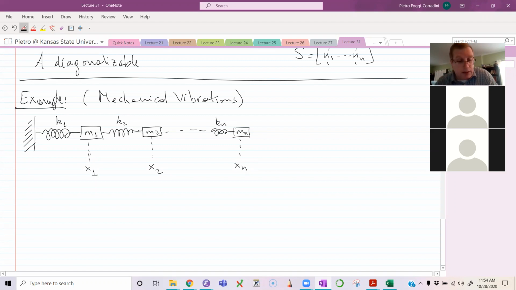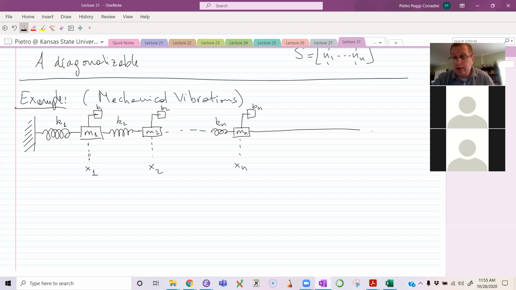And also, let's assume that these masses are connected to a damper, V1, V2. So that's kind of the system. And one way to analyze this system is to use Newton's law.